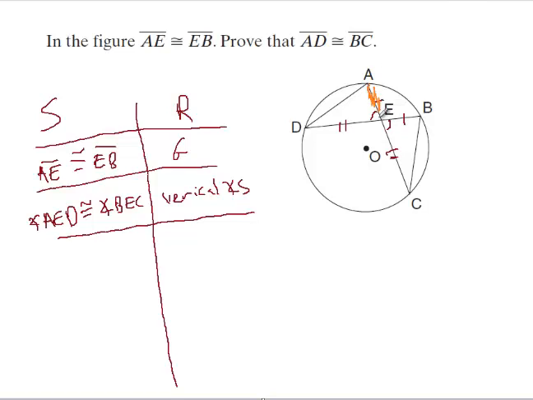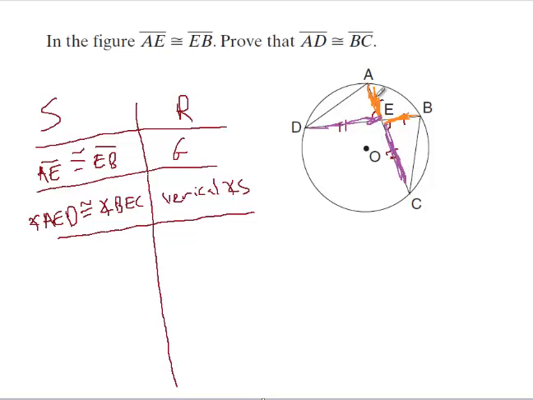This segment times this segment have to equal this segment times this segment. That's one of the rules of chords. When chords intersect, the products of each side of the chord have to be equal to each other.